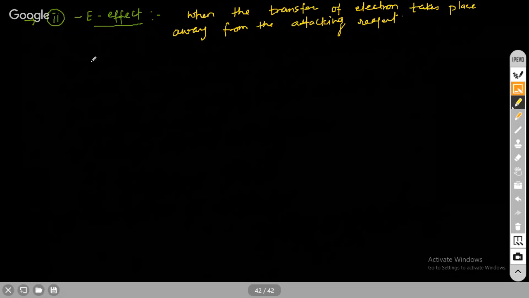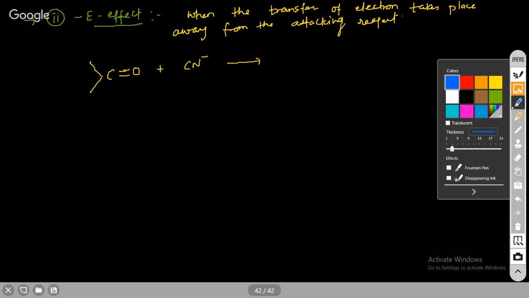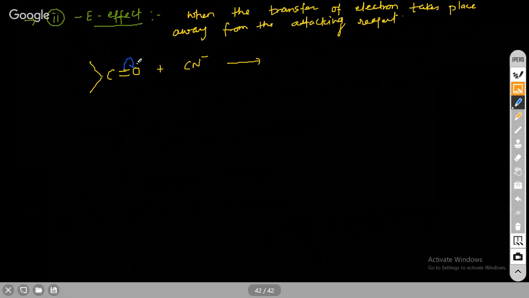For example, if I take this C double bond O carbonyl group and the nucleophile is CN minus, this CN minus is attacking onto this group. Since oxygen is more electronegative, this bond pair will shift toward oxygen, and since the nucleophile is negatively charged, it will attack the positive side. Oxygen takes the bond pair of electrons, so the nucleophile will never attack the oxygen but the positive side. So you see, this attack takes place away from the shifting of electrons. The product here would be C with this cyanide group and O minus.